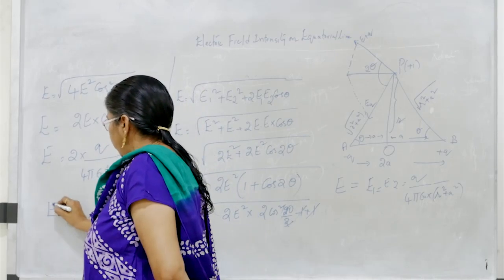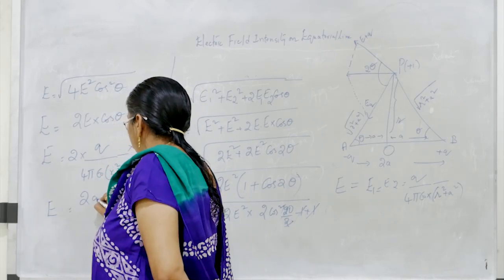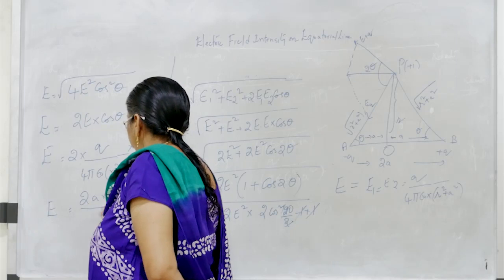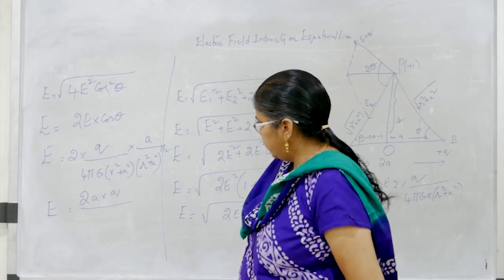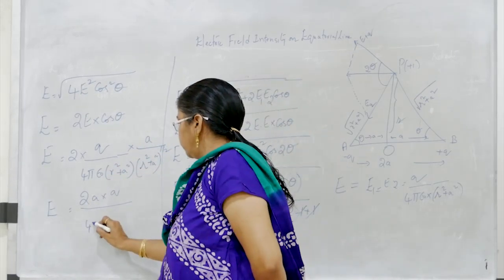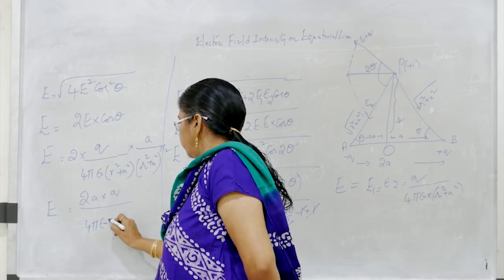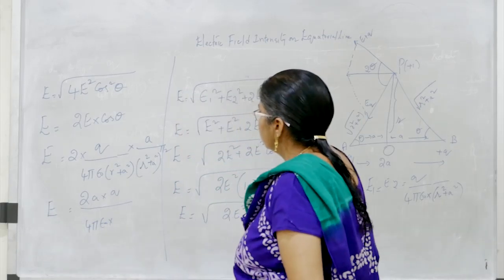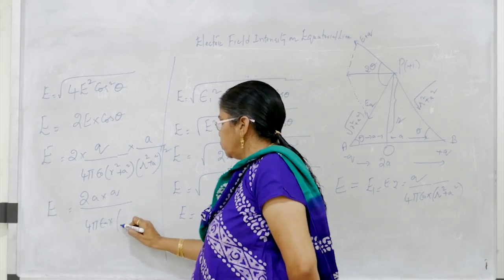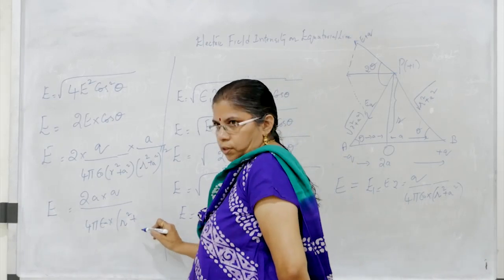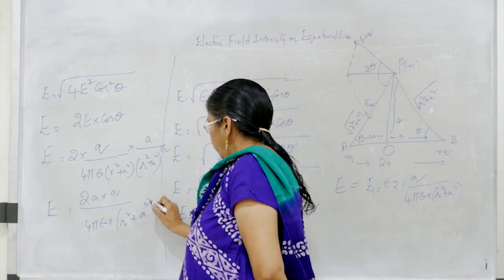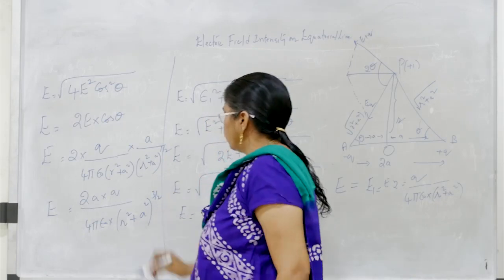So E gives us 2A into Q by 4 pi epsilon naught into R square plus A square whole upon 1. So R square plus A square whole upon 3 by 2.